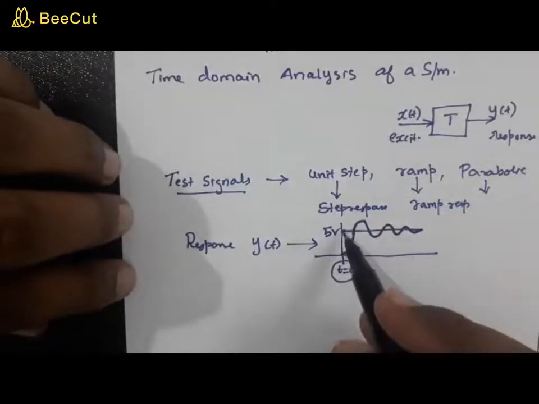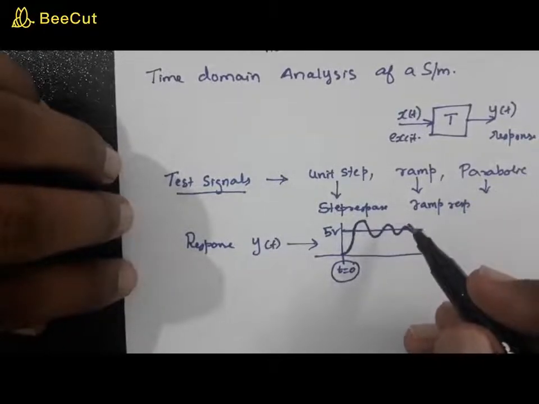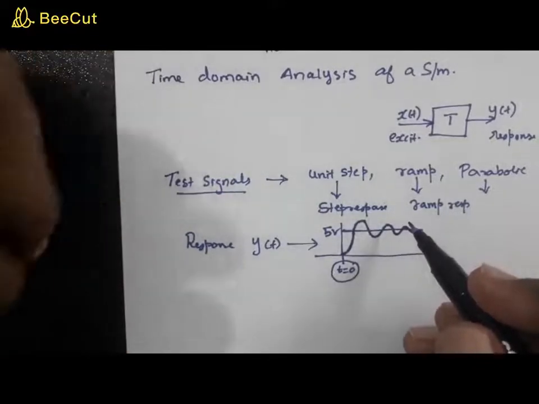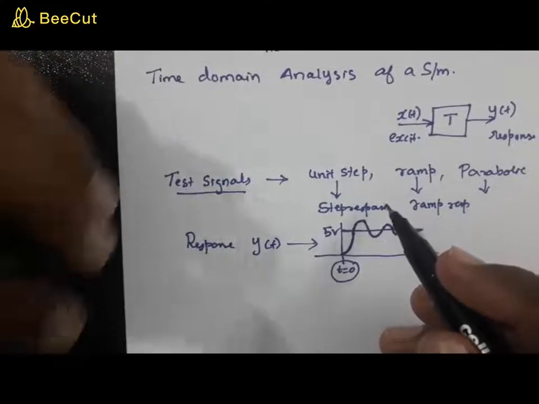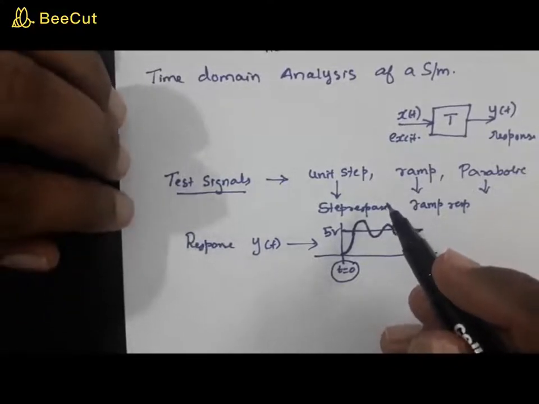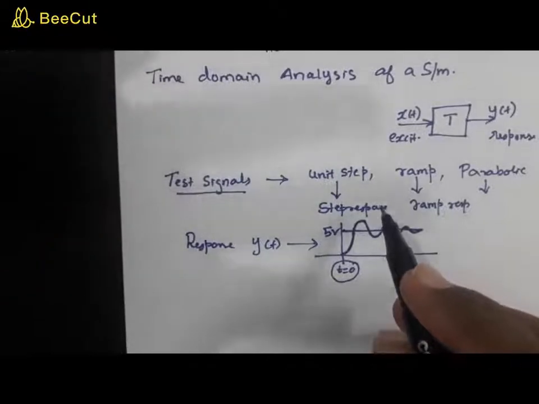You cannot expect a system to be 5 volt at the time of the input or the excitation. Different systems will have different responses for the same input. So all these things can be studied, and based on that you can have the characteristics of that system.